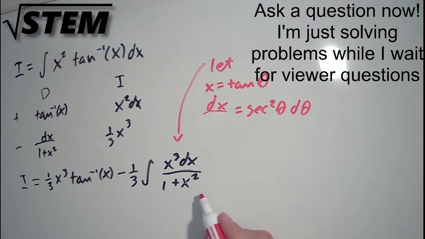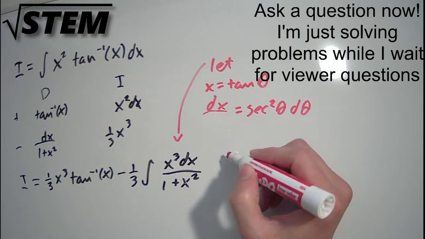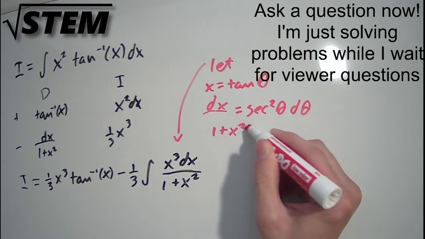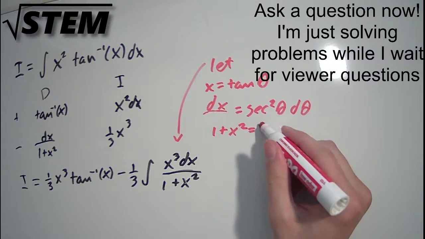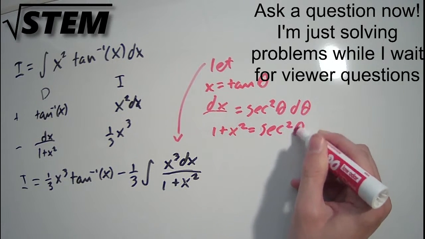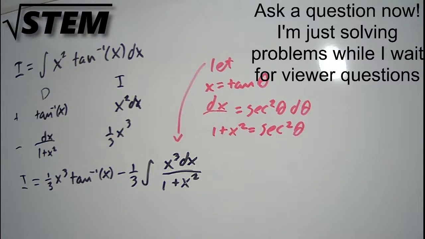And 1 plus x squared would be 1 plus tangent squared, which would be secant squared of theta on the bottom.